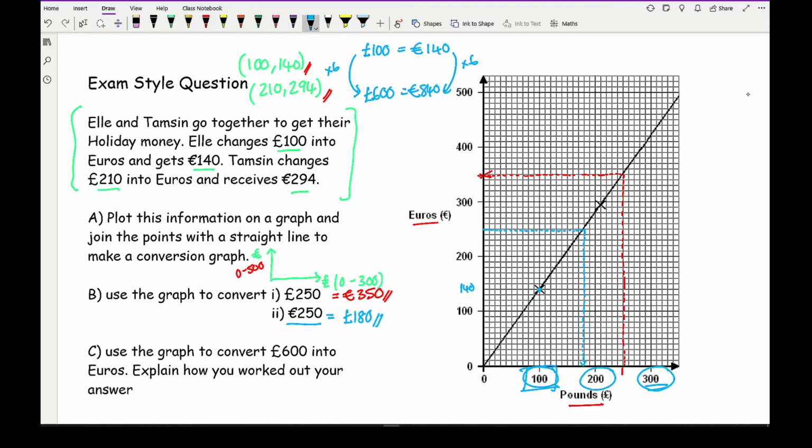So the answer would be 840 euros. And how do I get that answer? Well, if £100 is equal to 140 euros, then £600 is going to be equal to 140 times 6, which is 840 euros. And there is my final answer.